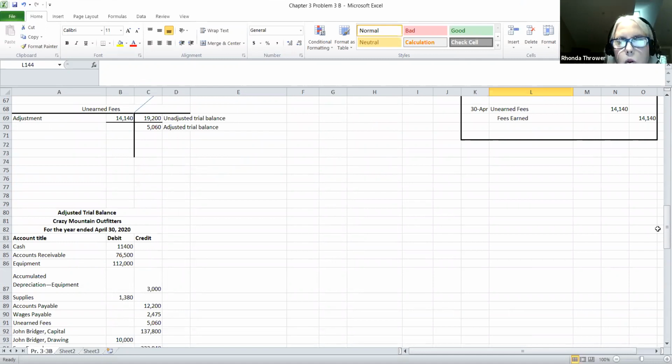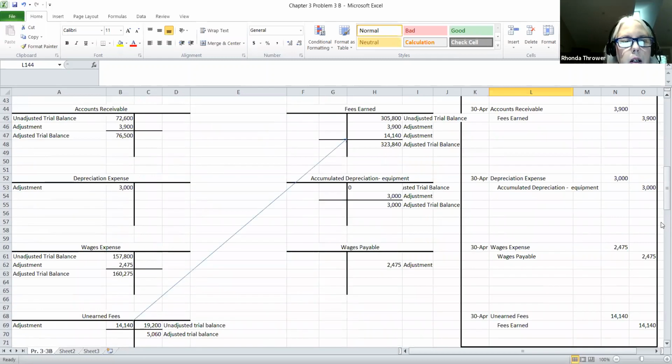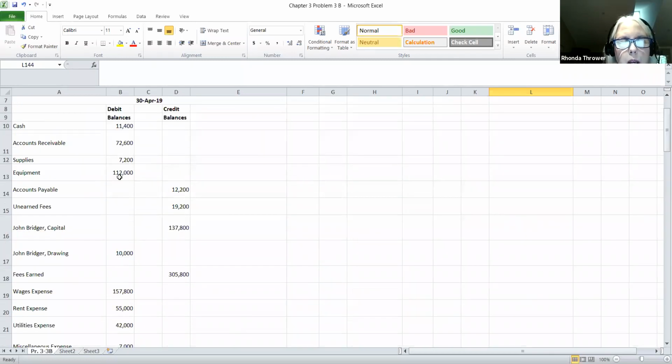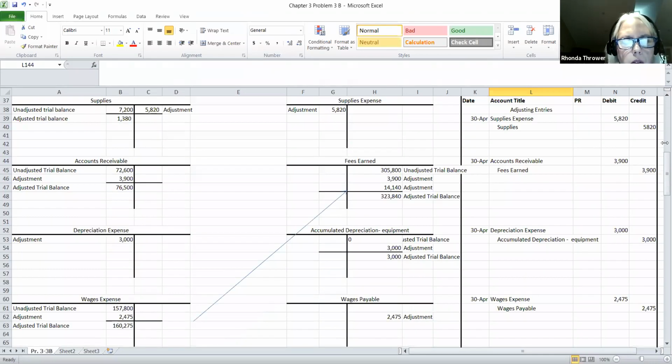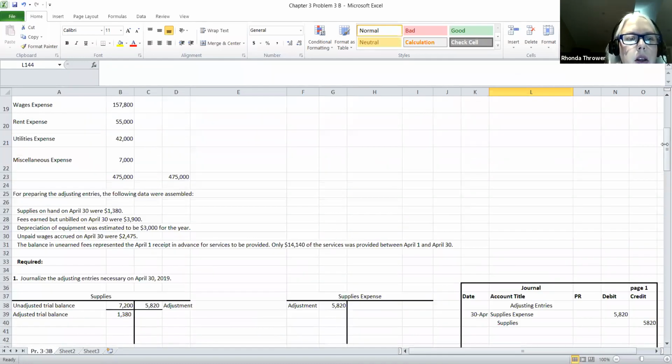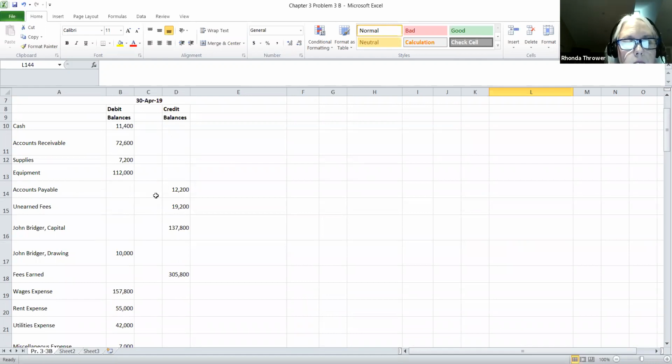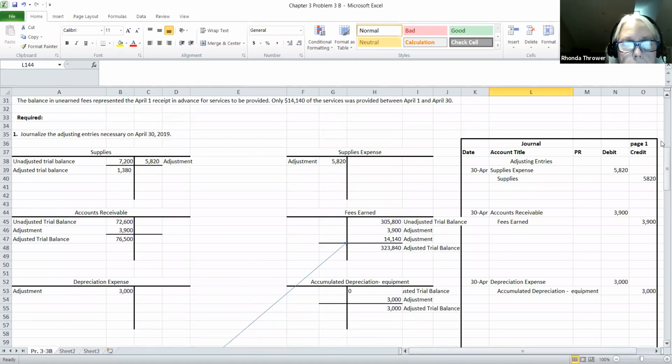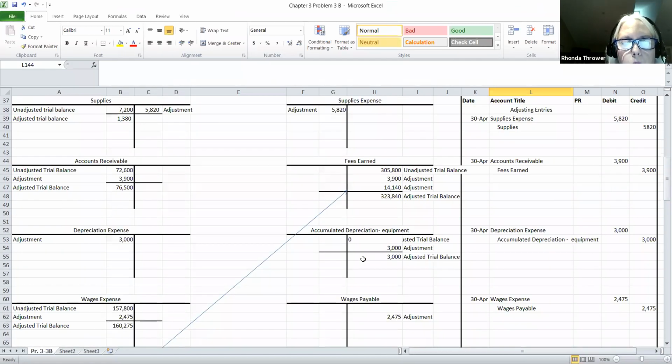And then we'll go to equipment. The unadjusted trial balance amount was $112,000. We did not purchase any more equipment this year, so you just use that $112,000 amount. Notice in your unadjusted trial balance, the next account is accounts payable, but that wouldn't be correct on your adjusted trial balance because we created an account when we adjusted depreciation called accumulated depreciation.